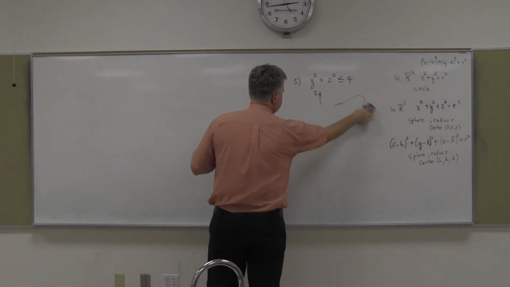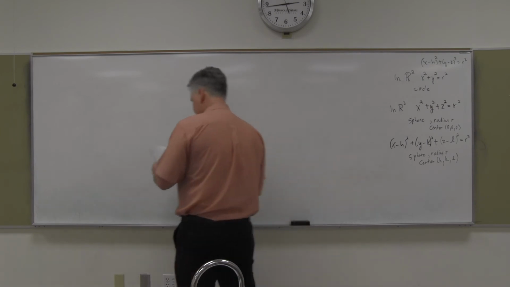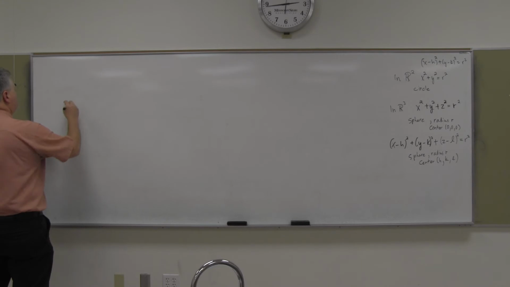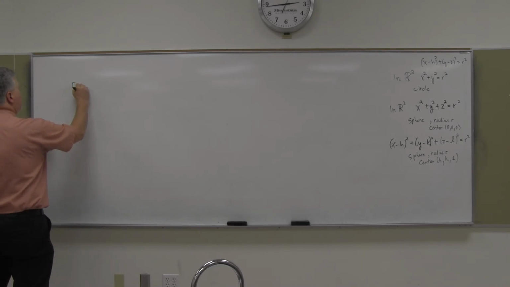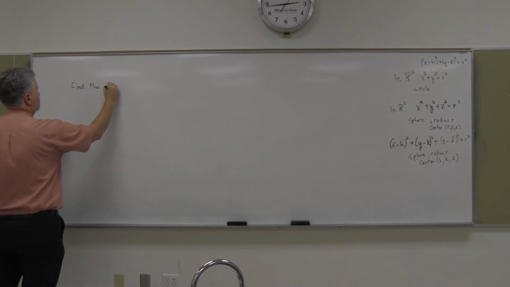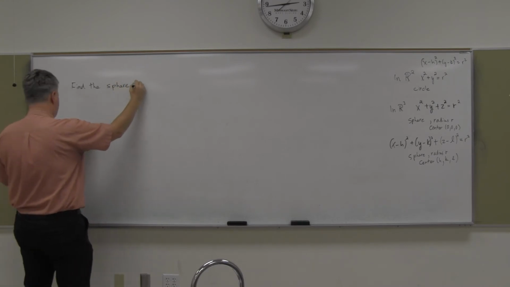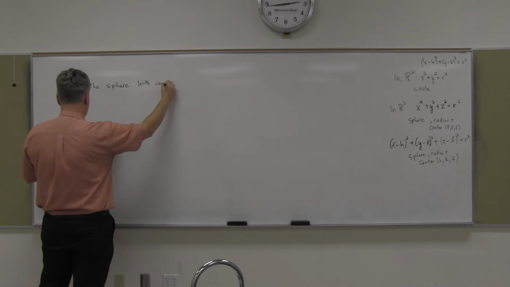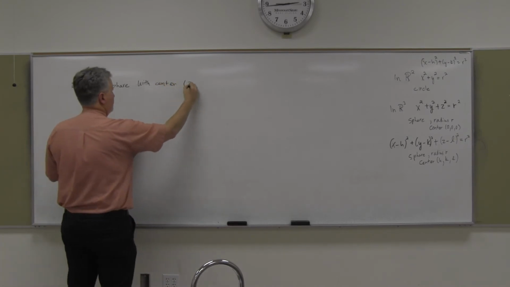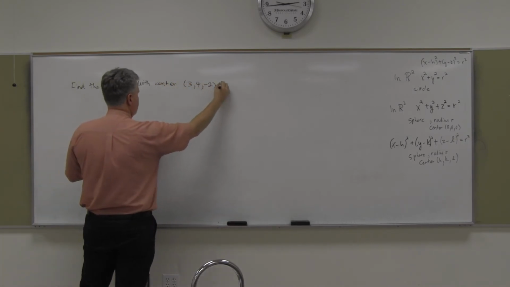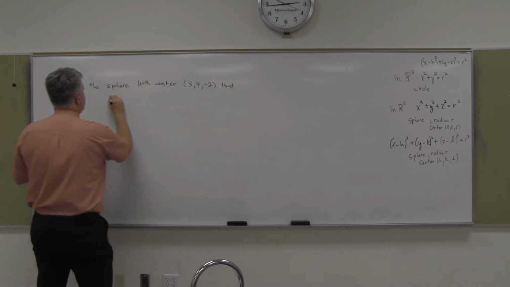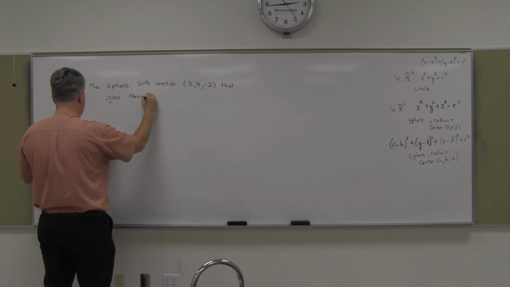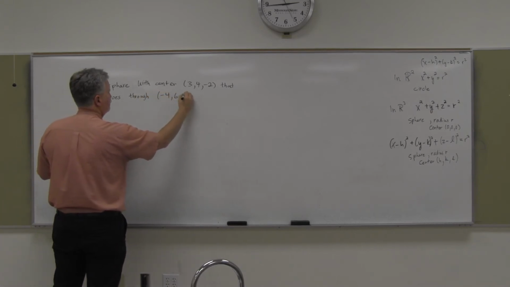So a sphere with center 3, 4, -2 goes through -4, 6, 5.